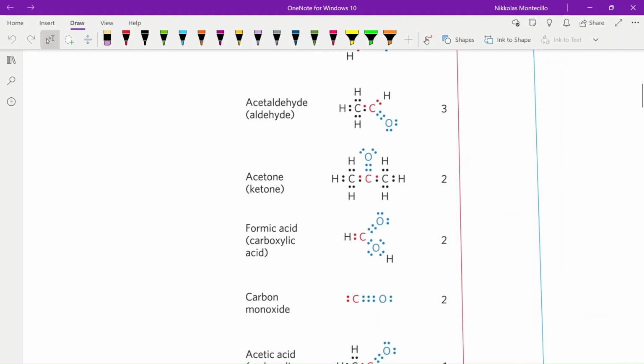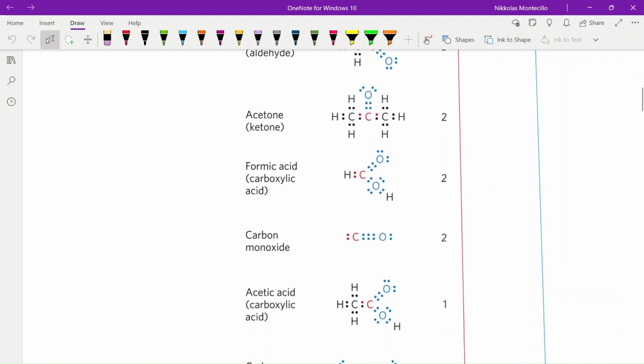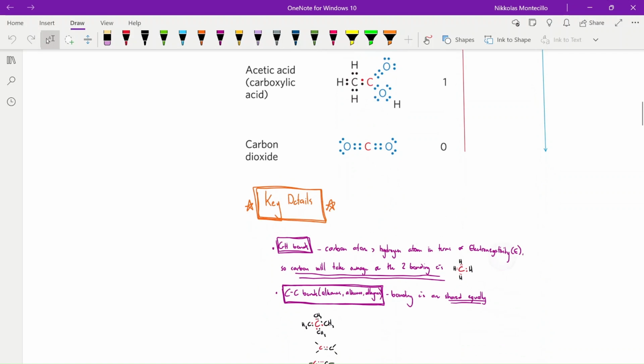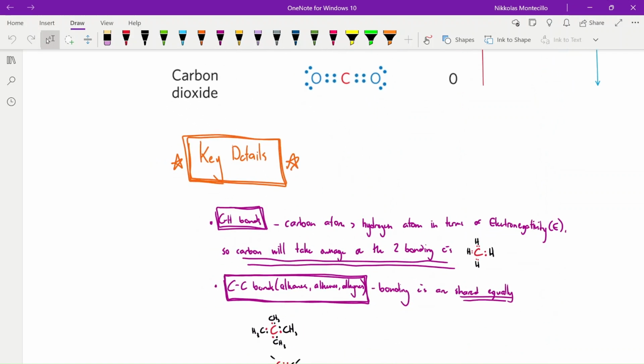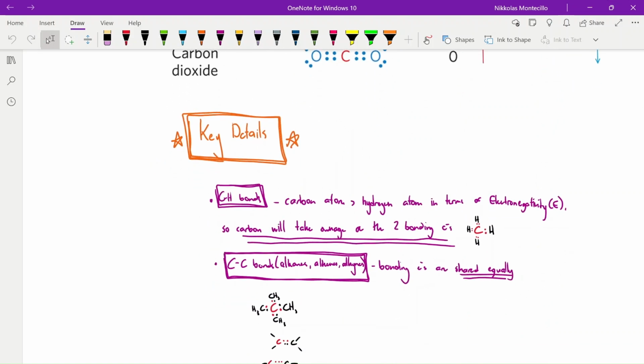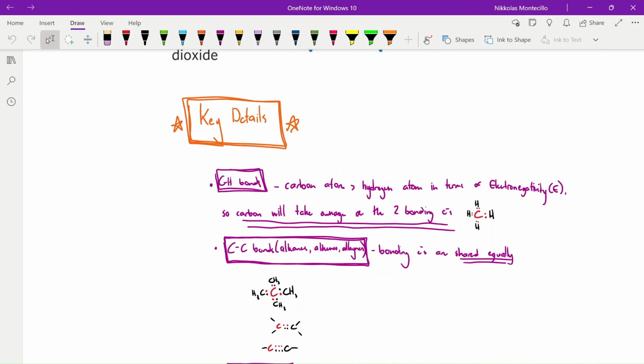Now, there are several key details to understanding this. We can see here that the carbon atom is greater than the hydrogen atom in terms of electronegativity. So the carbon atom will take ownership of the two bonding electrons.